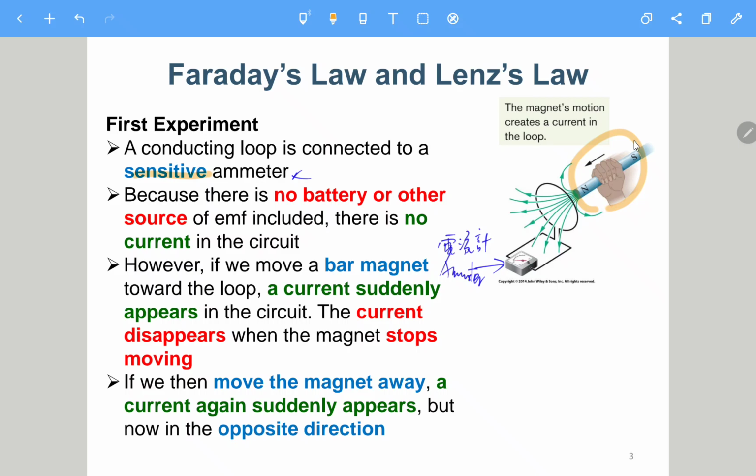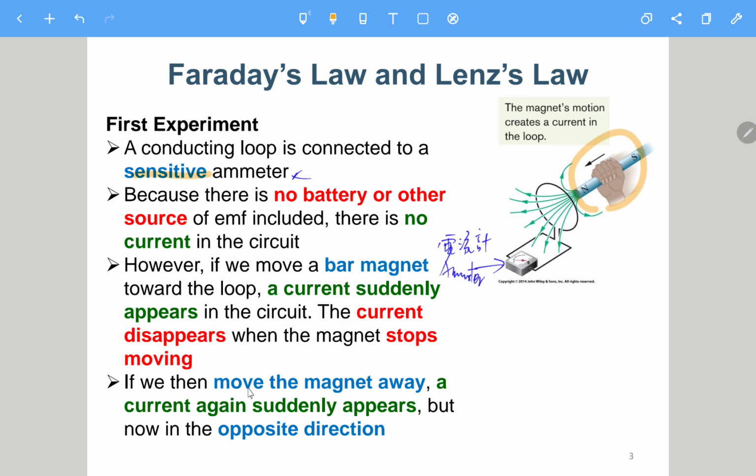If the magnet bar is originally far away and you push it close to the loop, there will be current. Even if the bar is close, if it stops, there will be no current. It depends on the movement itself rather than the existence of the magnet bar. So when the magnet stops moving, the current disappears.